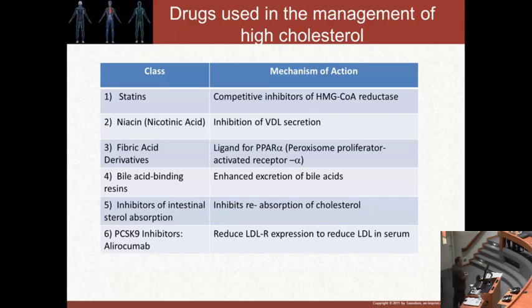Second class is niacin. These are vitamin B derivatives. Third class is fibric acid derivatives. Fourth is bile acid binding resins, and fifth, inhibitors of intestinal sterol absorption. And the newest class, number 6, the PCSK9 inhibitors, which are monoclonal antibodies. So all the rest are chemicals, and the 6th class is a monoclonal antibody blocking a key receptor.